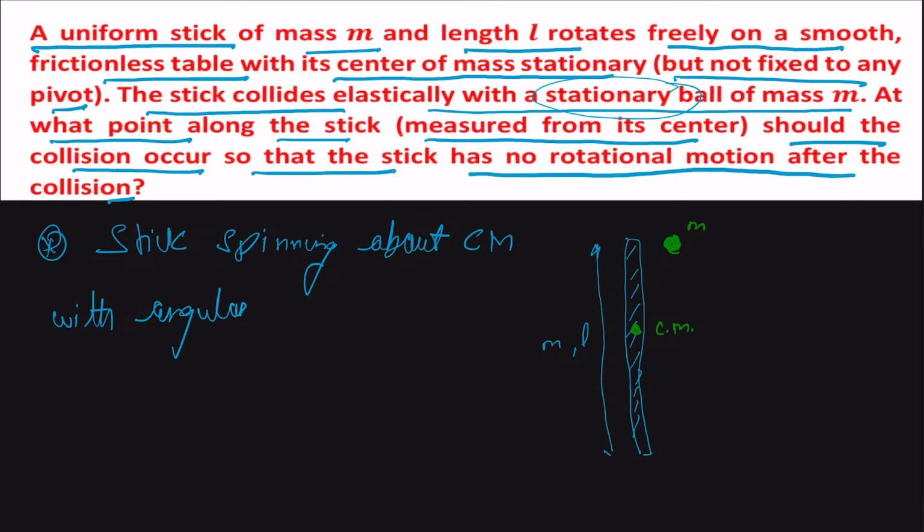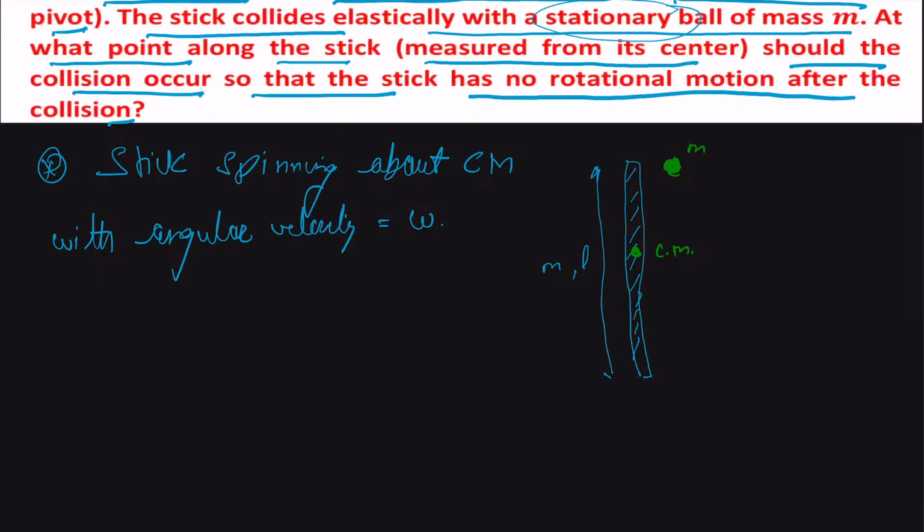And we can write the formula for the moment of inertia about the center of mass. If that is given as I, then this I will be equal to 1/12 ml square.